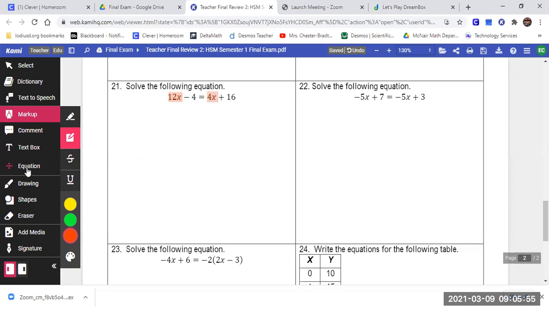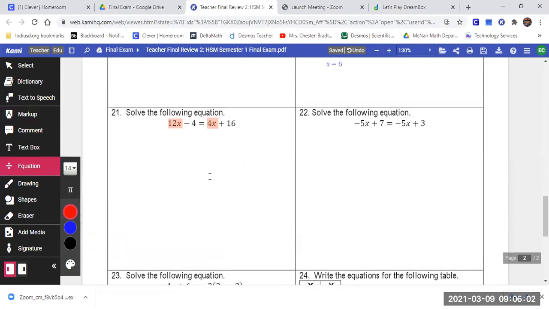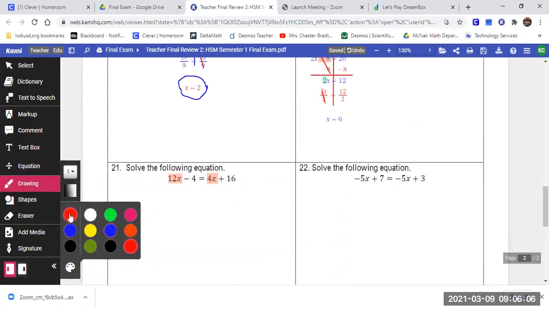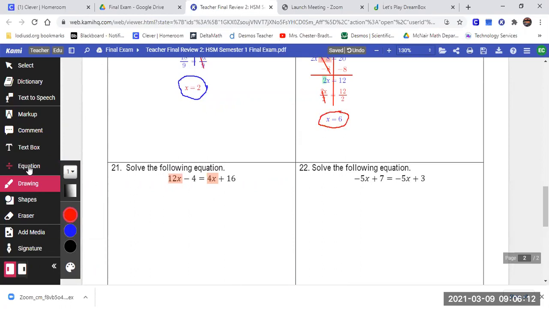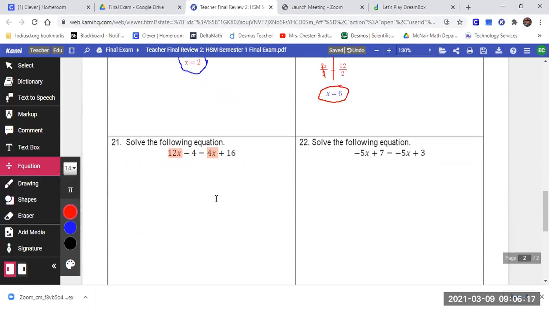So we need to look at it. Which x is smaller? It's the one that needs to move. 4x is smaller. Now, what do I need to do to big 0 that 4x out of there, though?